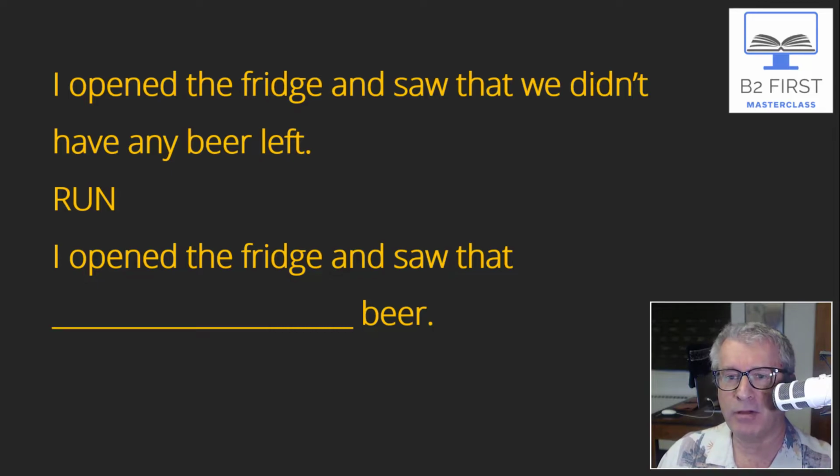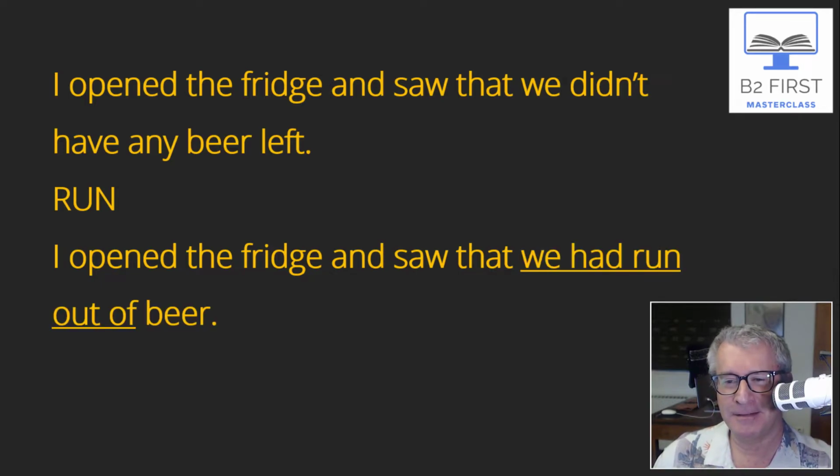Let's go to question number 3. "I opened the fridge and saw to my surprise that we didn't have any beer left." So this is a phrasal verb which means that we've used up everything. There is none left. No beer, no milk, no sugar, no wine. Something is missing. I opened the fridge and saw that beer. Do you know that phrasal verb? To run out of.